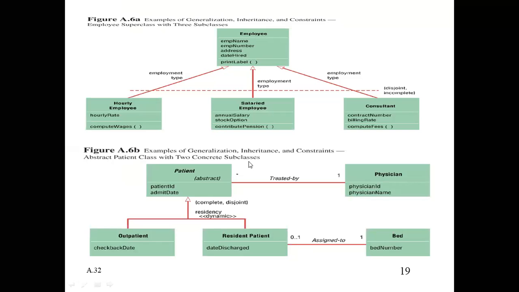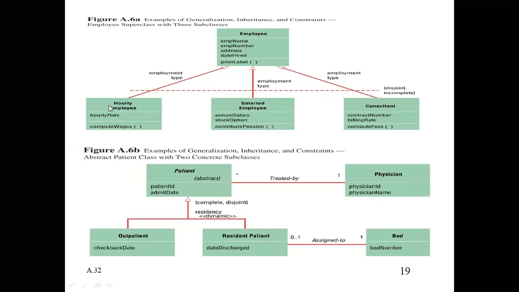So you can see in the diagram here examples of generalization, inheritance, constraints: employees, a superclass with three subclasses. This is the employee class, and there are three subclasses. If a person is an employee, he has some address, name, and date hired associated with him. This employee can have specialized classes like hourly employee, salaried employee, or consultant.